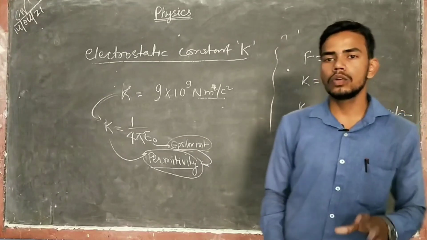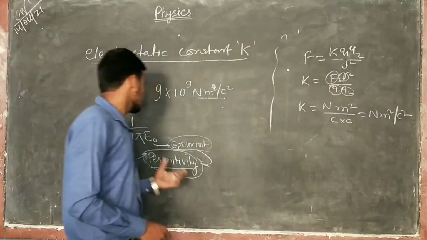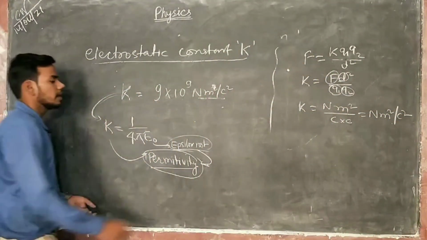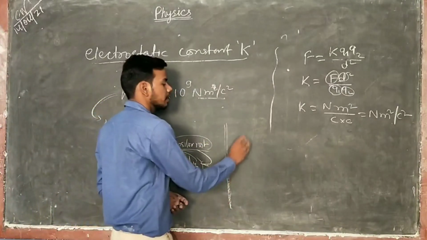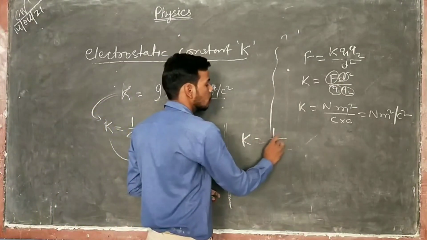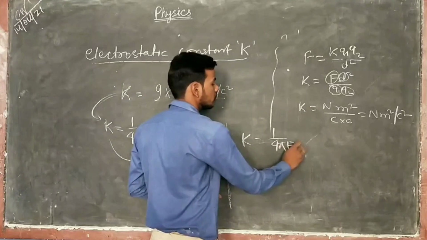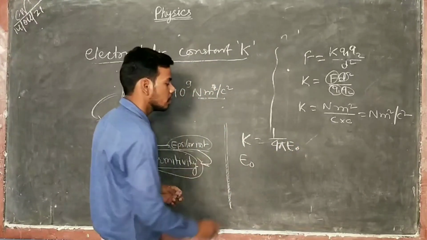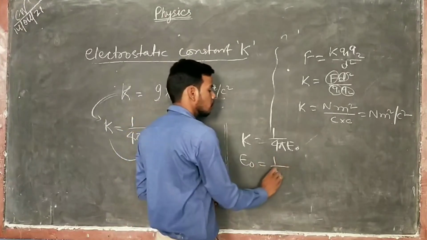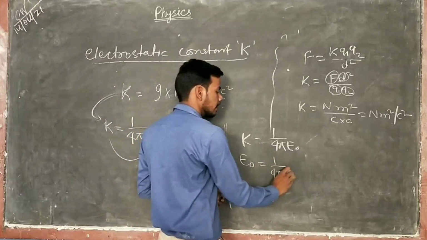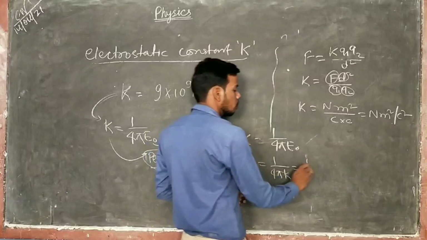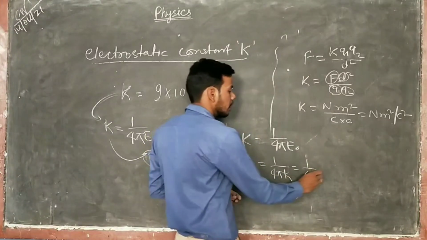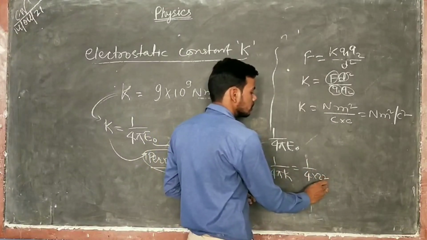Okay guys, so this epsilon naught can also be calculated the same way. We have K is equal to 1 upon 4 pi epsilon naught. So if we want to calculate the value of epsilon naught, you have to write 1 upon 4 pi K. So guys, 1 upon 4 pi, where pi has the value 22 upon 7.